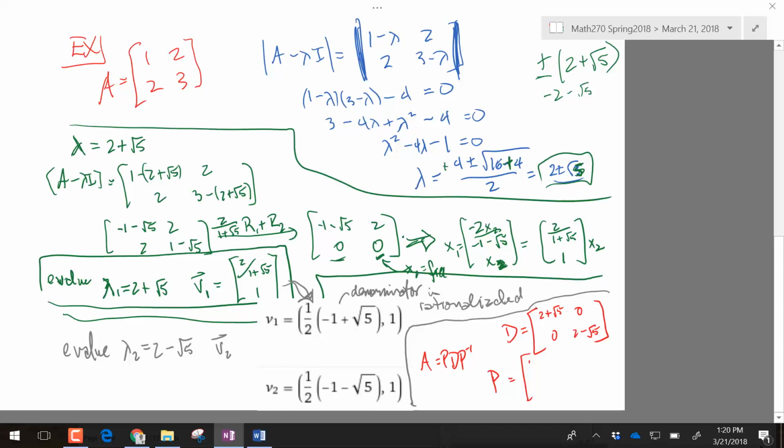So my D matrix has an eigenvalue of 2 plus root 5, and so my first column for my P matrix needs to be the corresponding eigenvector, which would be 2 over 1 plus root 5, comma 1.